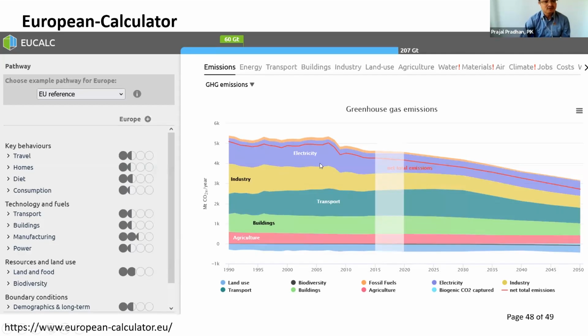I show here the figure for greenhouse gas emission, but there are also graphs coming up for energy, transport, building, industry, land use, and all other parts. And whenever some conflicting things come up, you see an exclamation mark, for example with water, material, climate. So it provides a flag saying that there are some trade-offs, some conflicts going on if you choose these sorts of parameters here.